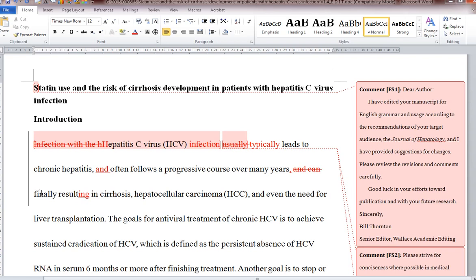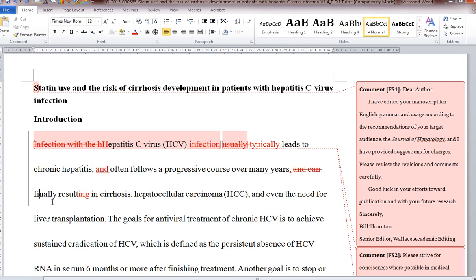Final result is one of the classic redundant phrases in formal writing. Redundant phrases such as time period, close proximity, general public, phrases where one word is not necessary. In this instance, a result is final. We don't need the finally resulting. But I have another problem with finally.